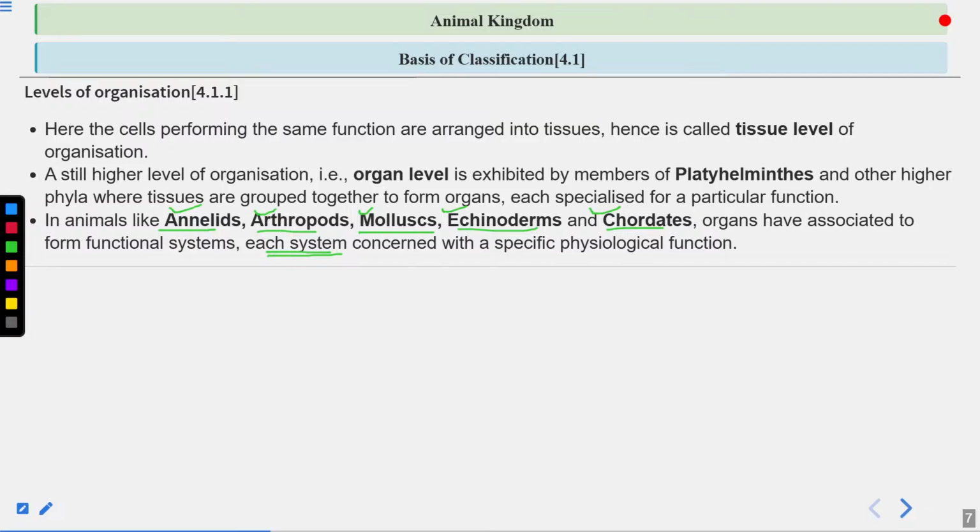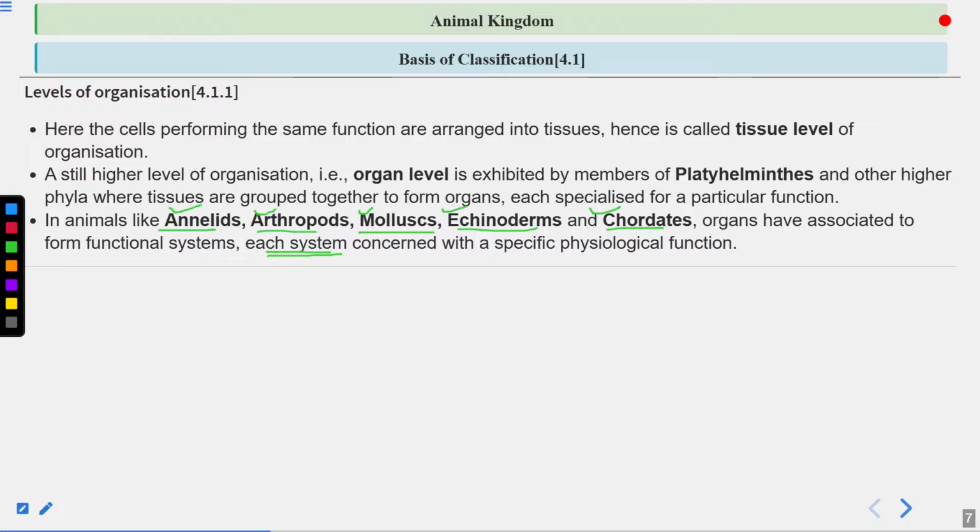So if we see from the lowest level, they have the cellular level of organization, then the tissue level of organization, then organ, and then organ system level of organization. As you move to the higher, advanced organisms, you will see that they have some advanced features, because those organisms are more complex.